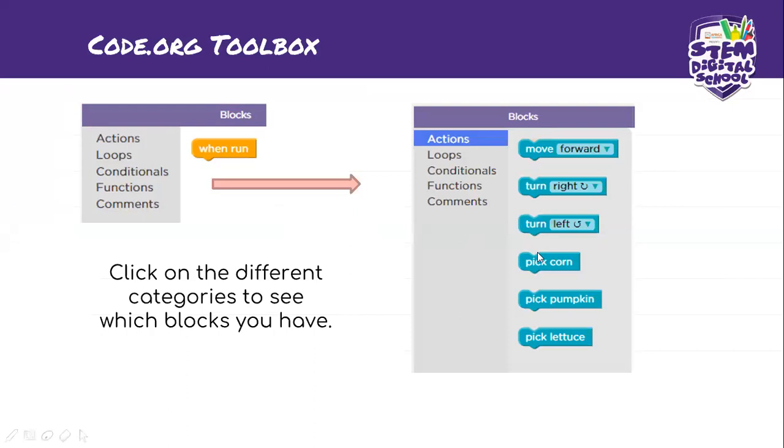So under actions, it shows all your actions. And if you go into loops, it will show you all your loops. Functions will be all the new functions that we are going to write, or if they give us a specific goal, then maybe they will give us some functions, and they will be available in there. And remember our comment block, which is just for our own use.